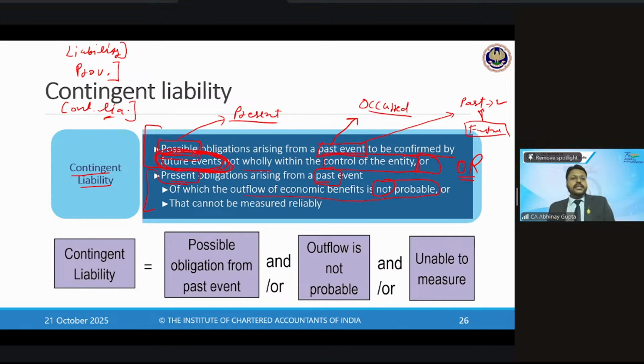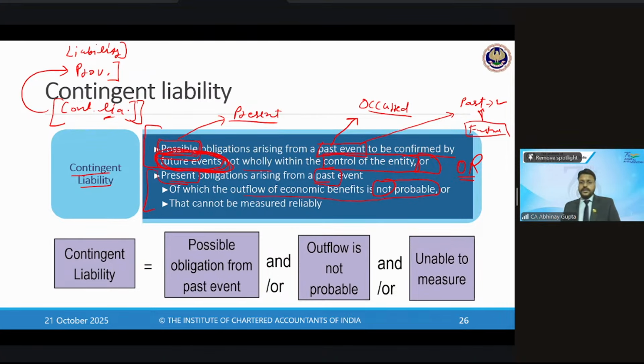Until then, we will call it a contingent liability. It is not a provision, because lawyers are saying, boss, 99% you will win the case. So there is no probable outflow, and so provision is not required to be made. But contingent liability disclosure is still required by the standard. Is that clear?